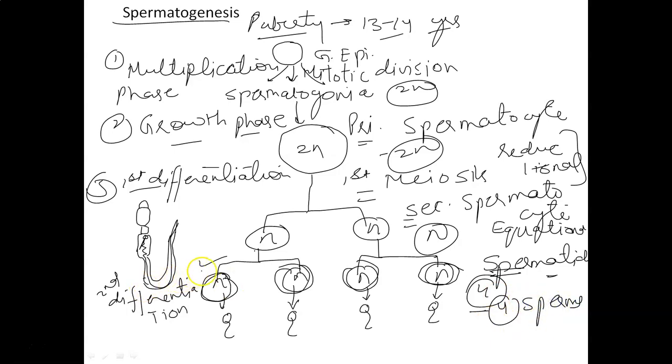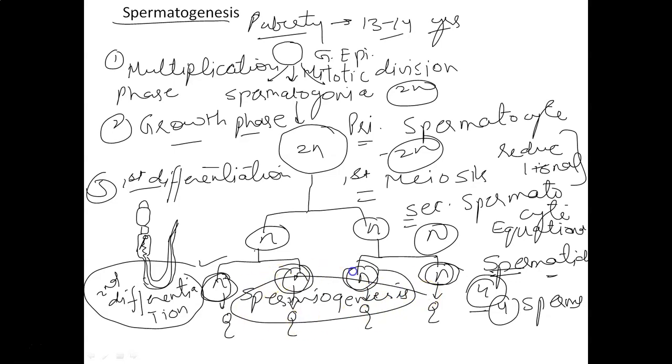This differentiation of spermatid to sperms has a specific term, spermiogenesis. So spermatogenesis means from spermatogonia 4 sperms are formed. Spermiogenesis means from 4 spermatids sperms get differentiated.